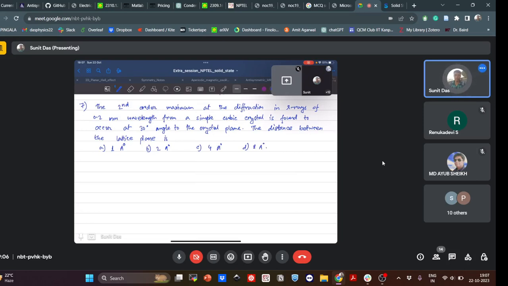Okay, so this is a problem from Bragg diffraction. The second order maximum of the diffraction of X-rays of 0.2 nanometer wavelength from a simple cubic crystal is found to occur at a 30 degree angle to the crystal plane.